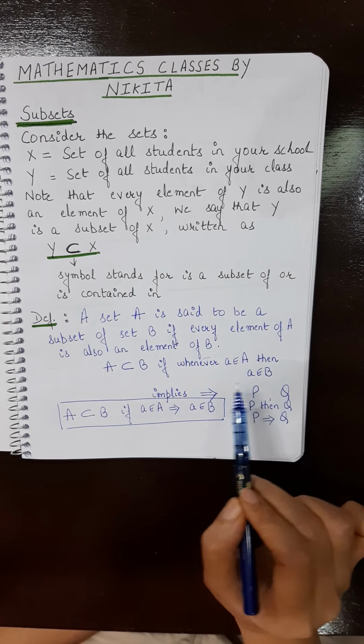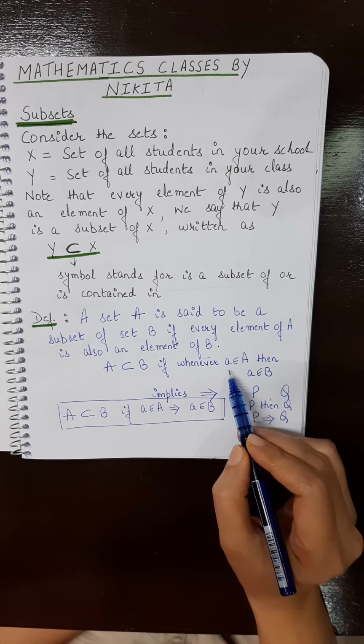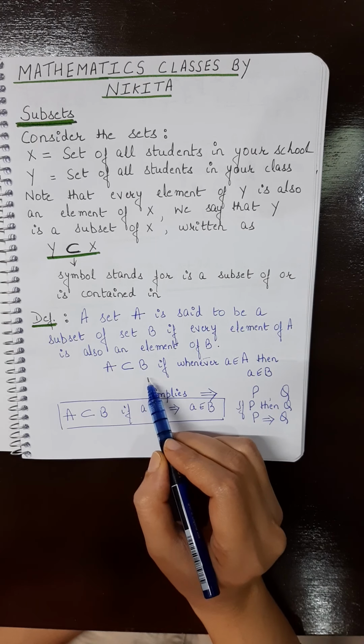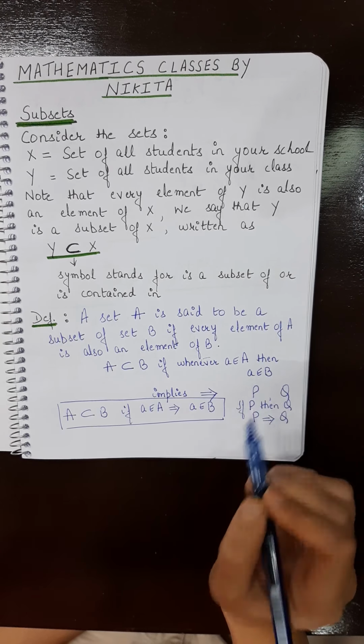This is any element. So whenever you pick any element a of capital A, then this a should also be in B. So A is a subset of B if whenever this is true, then this is true.